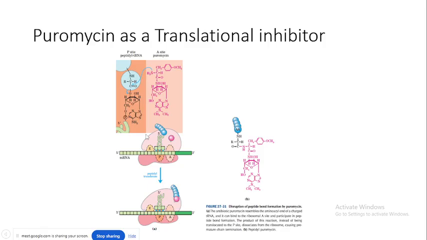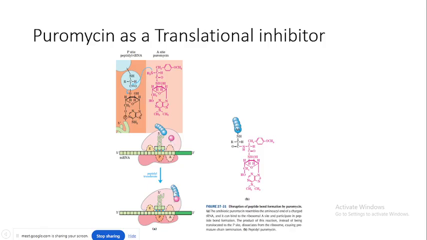As we know, normally the entire polypeptide chain comes to the A site by joining with the latest amino acid. But in this case, when this reaction happens, the bond between the amino acid and tRNA will be broken, and this polypeptide chain will be transferred to this aminoacyl-tRNA analog in the A site, which is puromycin, by forming this bond.